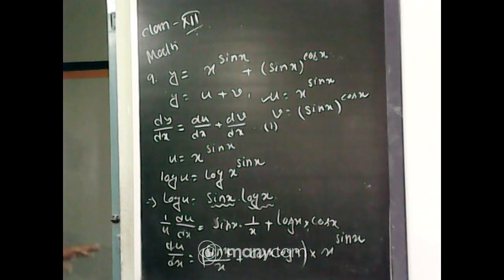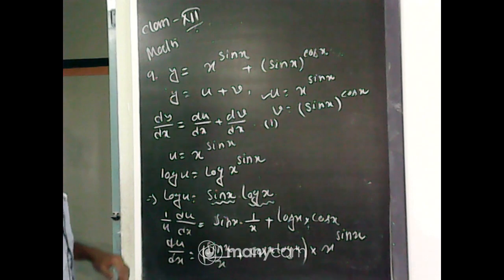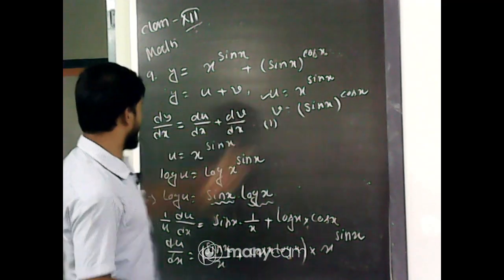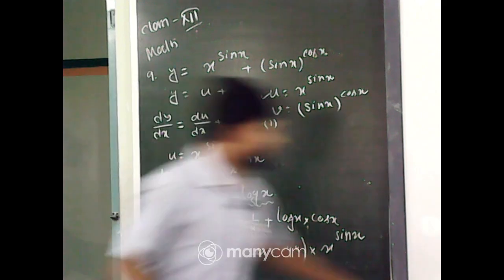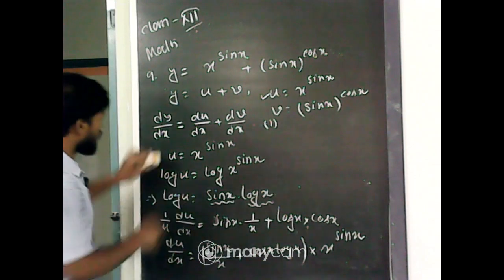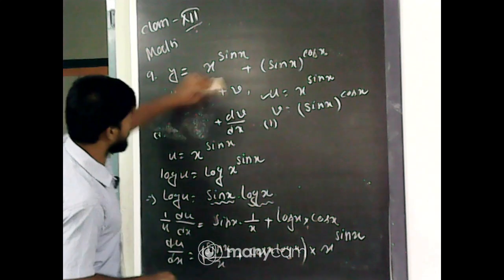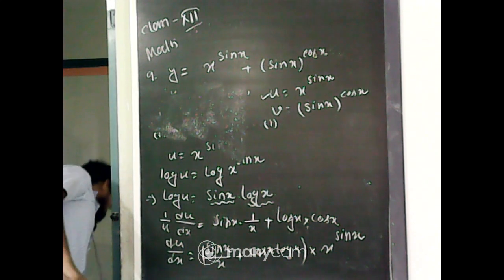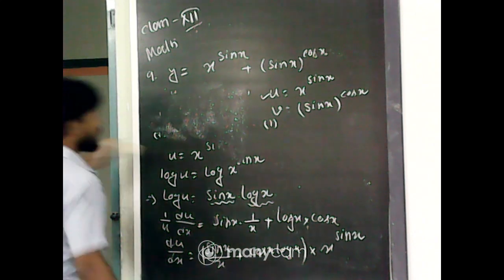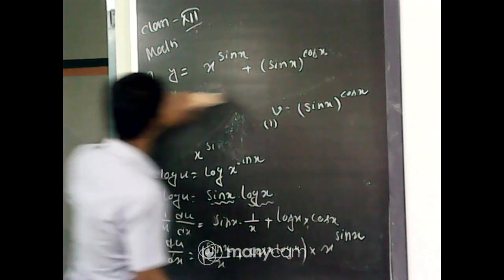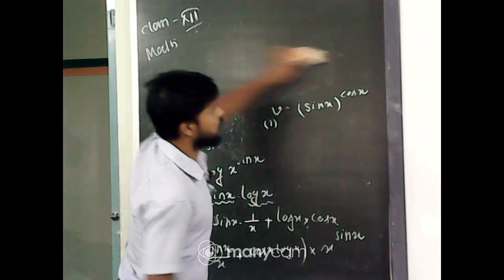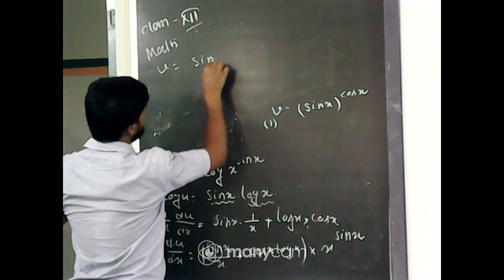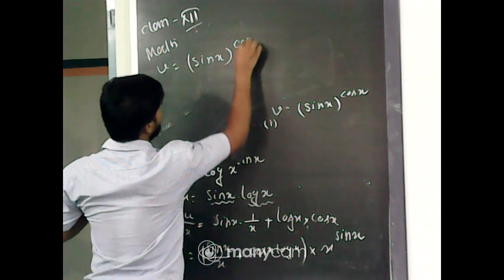Now from here calculate dv/dx. I don't have space right now, so we have to rub it. So v equal to sin x to the power cos x.